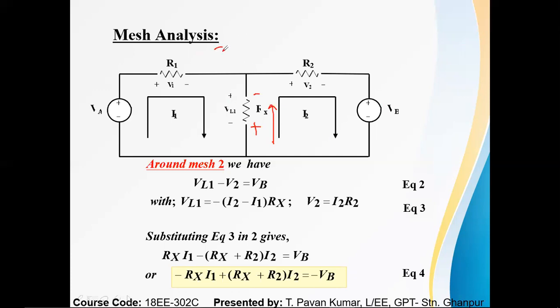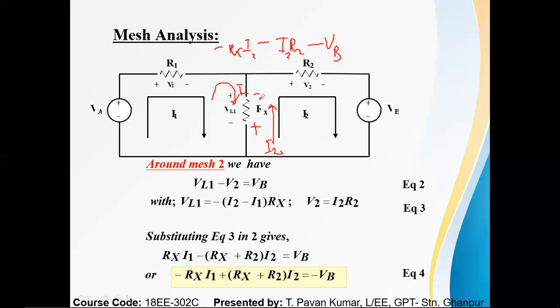Minus Rx I2, minus I2 R2, minus VB. Here for this entering current, this is I2. We have one more entering current, I1.